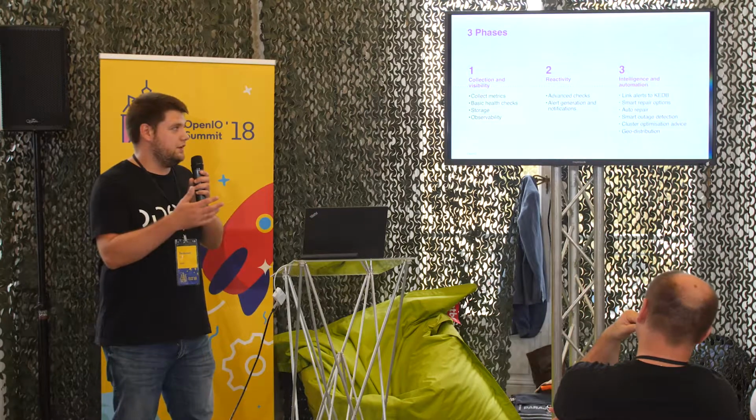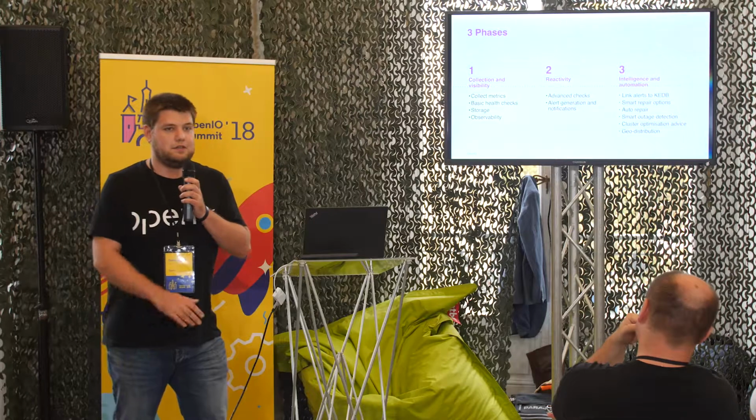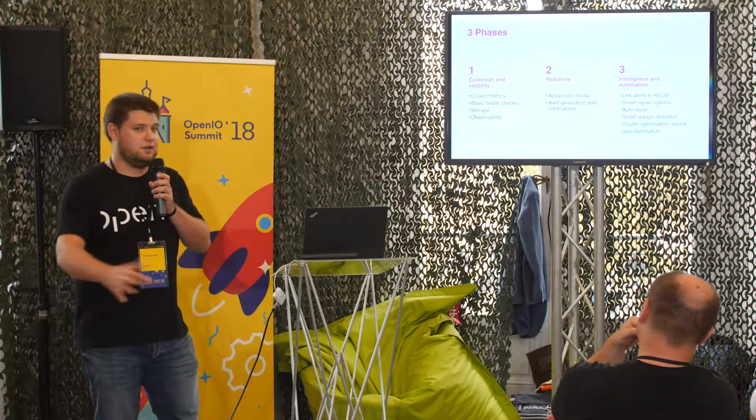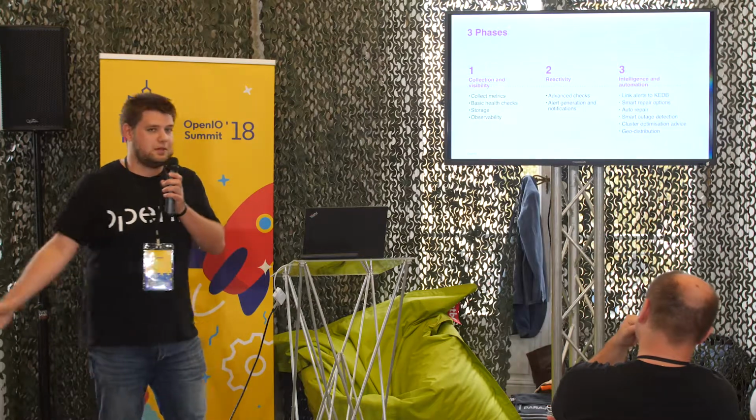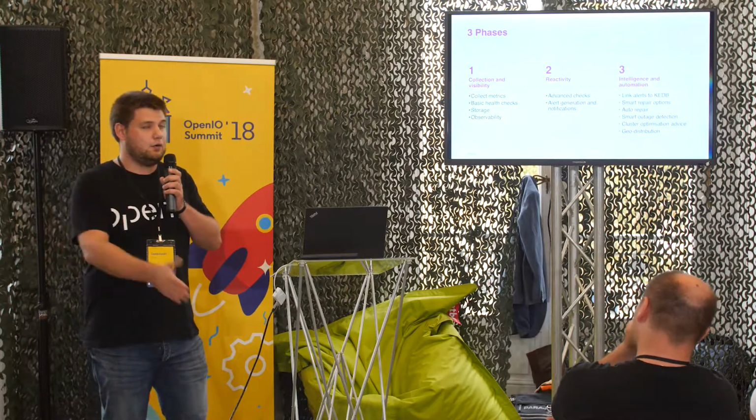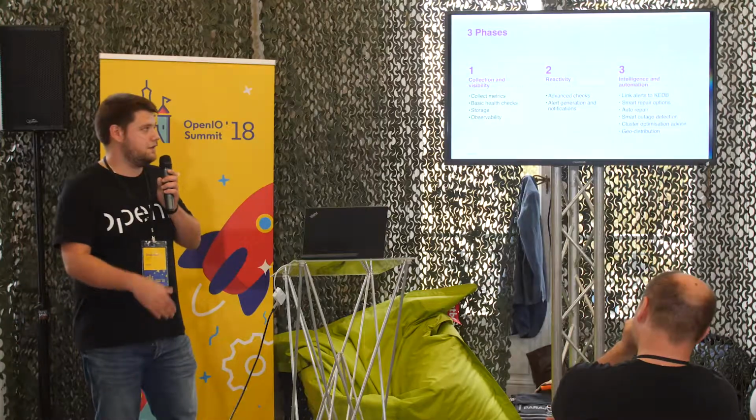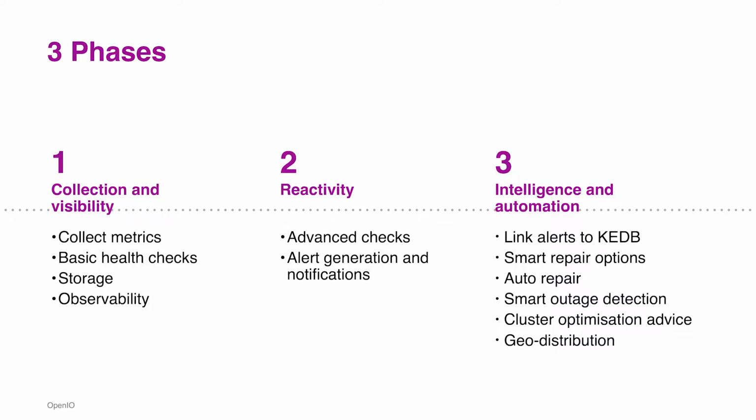And the third step, which is I think what every single company that wants monitoring wants to achieve, is intelligence and complete automation. So basically the cluster monitors itself, tries to repair some problems. For more complex problems, it identifies the cause, searches for the solution in a known error database, and forwards everything to the system administrator or to our support teams, which then correct the outage.